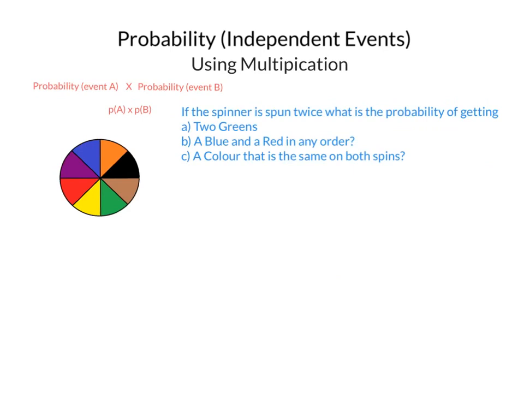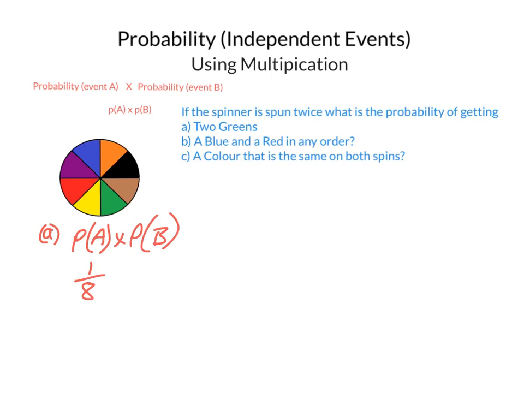This next question asks, if the spinner is spun twice, what is the probability of getting A, 2 greens, B, a blue and a red in any order, and C, a colour that is the same on both spins? So A, first of all, the probability of getting 2 greens. And we'll start off with our formula. So it's the probability of A multiplied by the probability of event B. And the probability of getting a green is 1 out of 8.